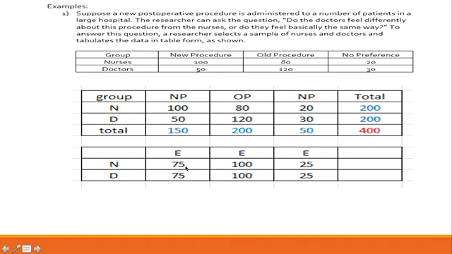So, for the expected value, output pa rin ito ng Excel. It is equal to the sum of the column times the sum of the row divided by the capital letter N. So, itong 75, ito lang yun, 150 times 200 divided by 400. Eh, since wala namang nabago, 150 pa rin naman, 200 pa rin naman. So, ganun lang, pare-pareho lang. Sum of the column again, 200 times 200, sum of the rows divided by 400.